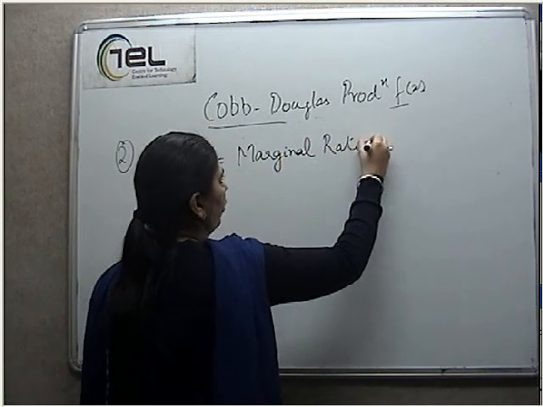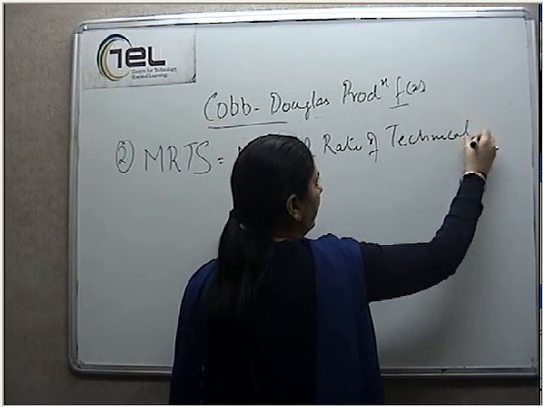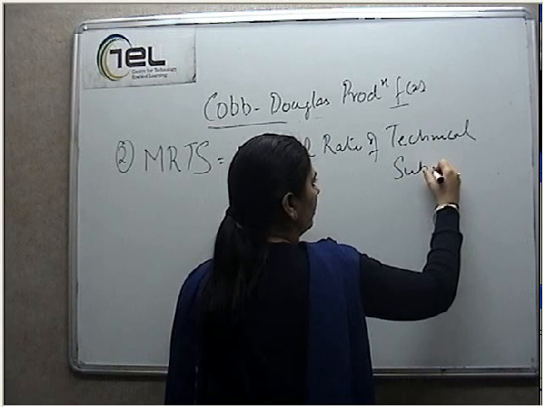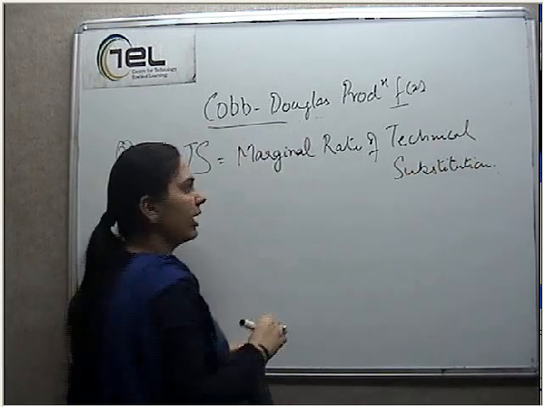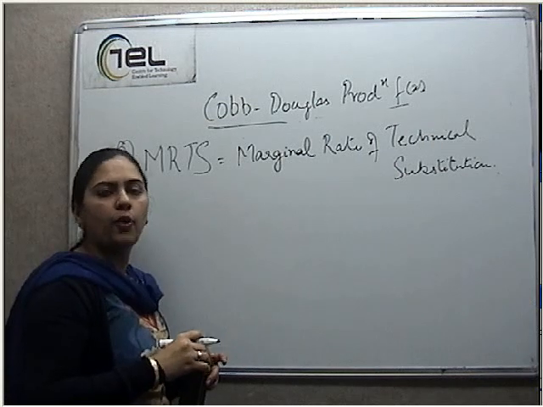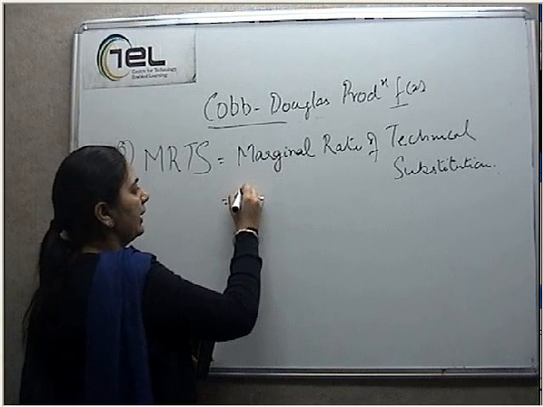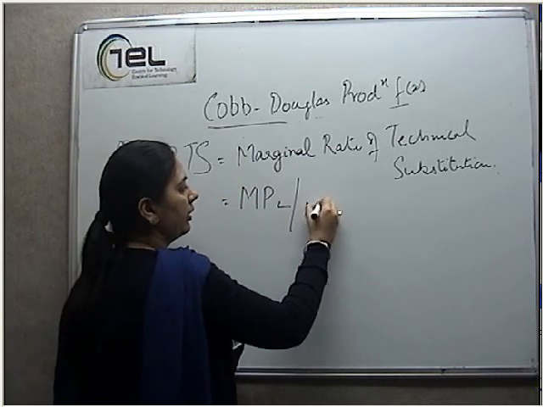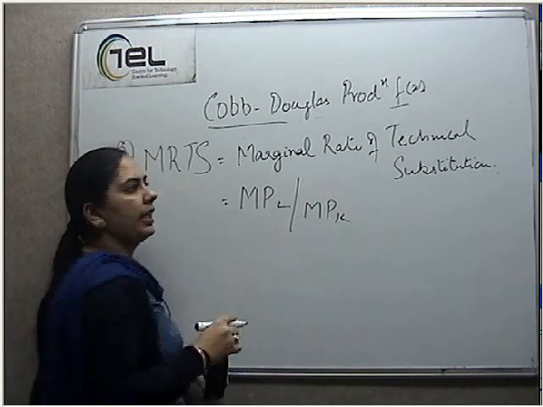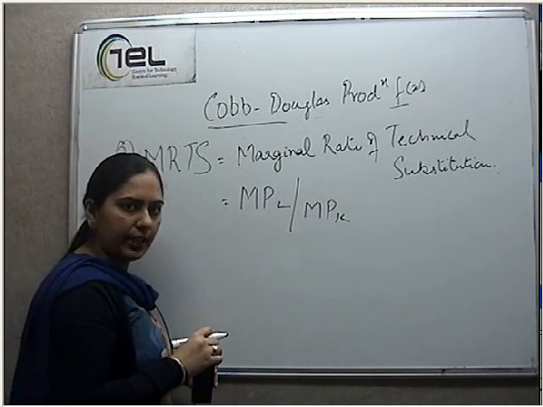We have discussed before that it is nothing but the slope of the isoquant. So the marginal rate of technical substitution has the formula of MPL upon MPK, that is, the marginal product of labor upon the marginal product of capital.